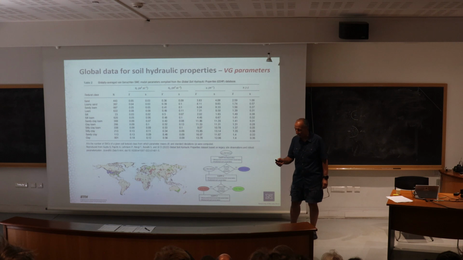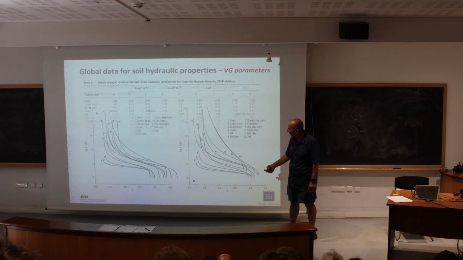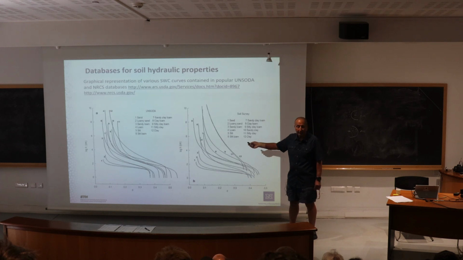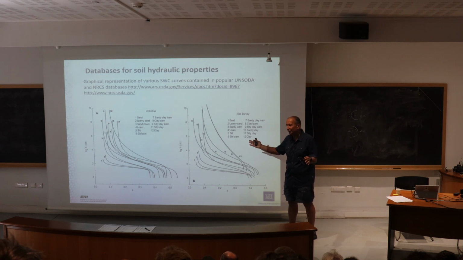Others have done it, maybe less rigorously, maybe with fewer data sets, less global coverage. So there is a US data set from the NASODA database from the Salinity Lab, or the Soil Survey database, which is actually getting better nowadays, but it's still just the US. So if you're doing stuff in Europe, in Siberia, you probably need something else.